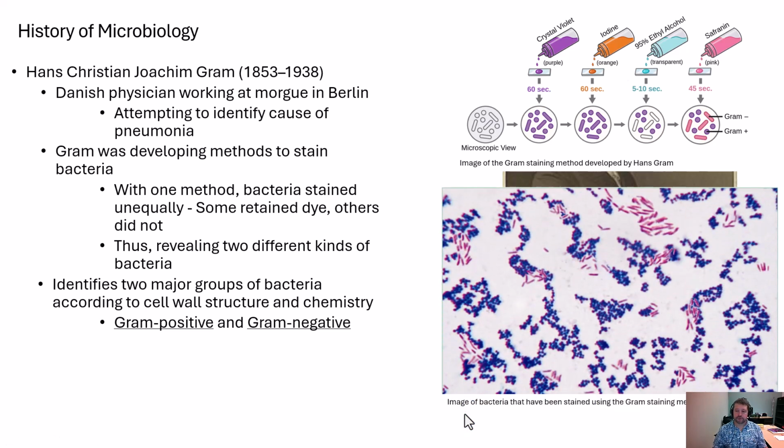Okay, so if we go through the process and do a Gram stain on an unknown bacteria sample, and we get something like this, for example, you might have Staphylococci, or Staphylococcus, groups of cocci bacteria that are clumped together.